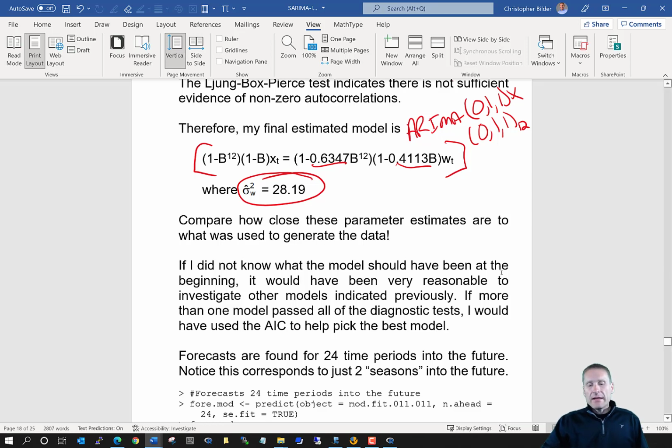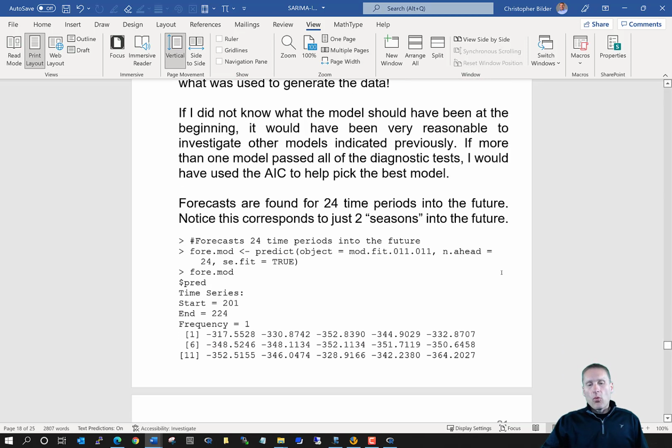Okay. Now, what if I didn't know what the model should be originally? It would have been reasonable to investigate some of the other models as well. And that's something that you should try on your own and see where that would take you. Would you get to a model that was similar to the one that is truly correct, or would it take you in a different direction?